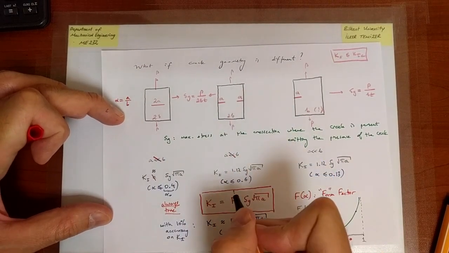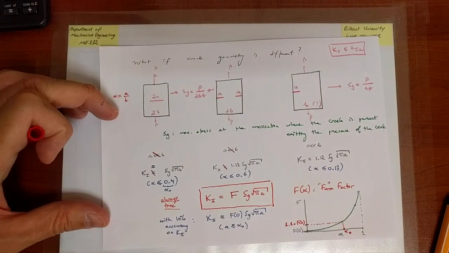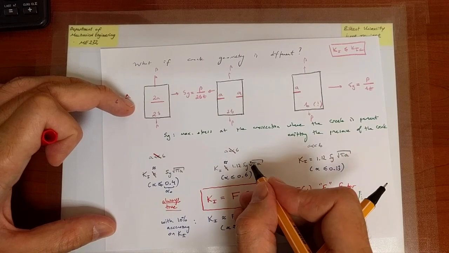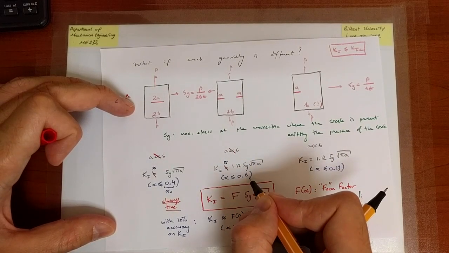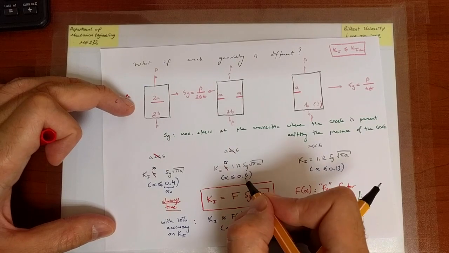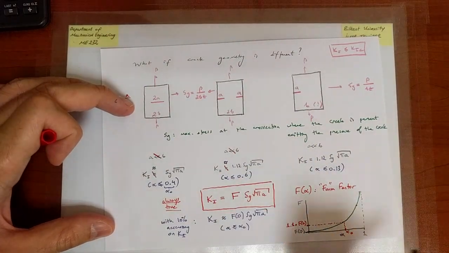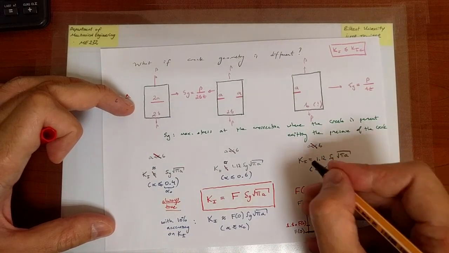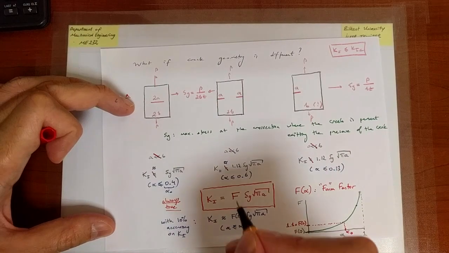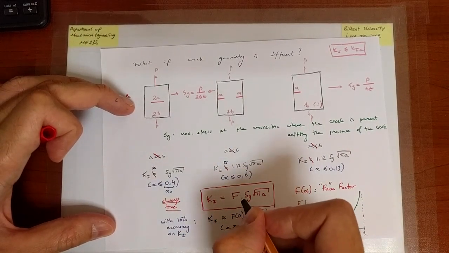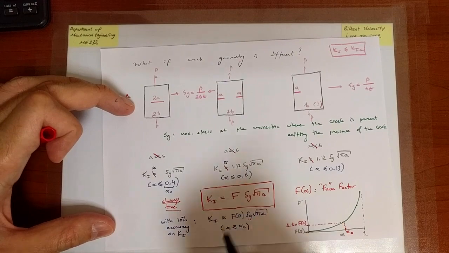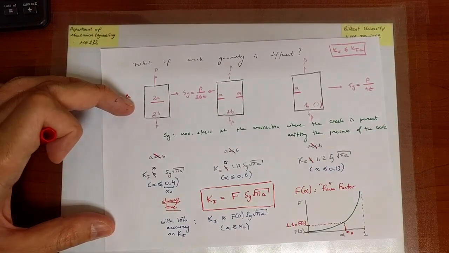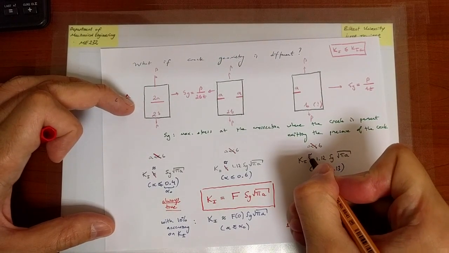If it's not satisfied, K1 is not equal to this quantity, it's only approximately equal to it, to within 10% accuracy, provided that this limit on alpha is satisfied. Likewise, if A is much, much less, this is exact. If not, this is not exact. You have to go ahead and, just like every other case, use this general always true expression. But if alpha is less than 0.13, this expression is still true to within 10% accuracy.